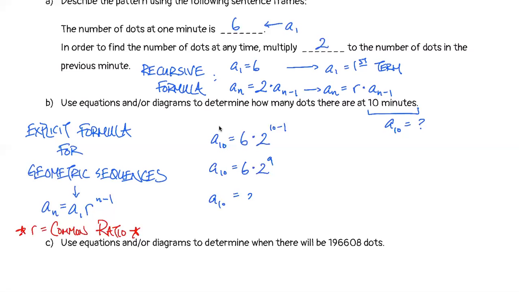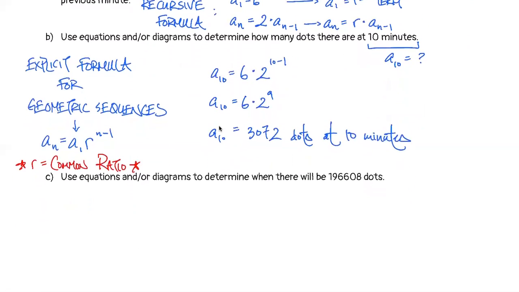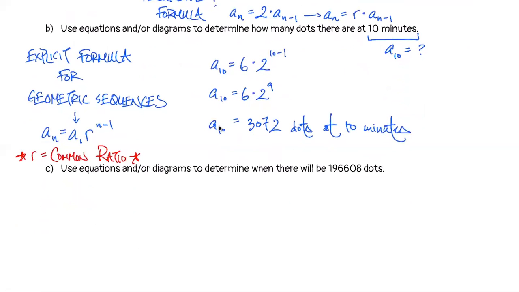We should get 3,072 dots at 10 minutes. Okay. All right. How do we modify our setup here to find out when there will be that many dots?